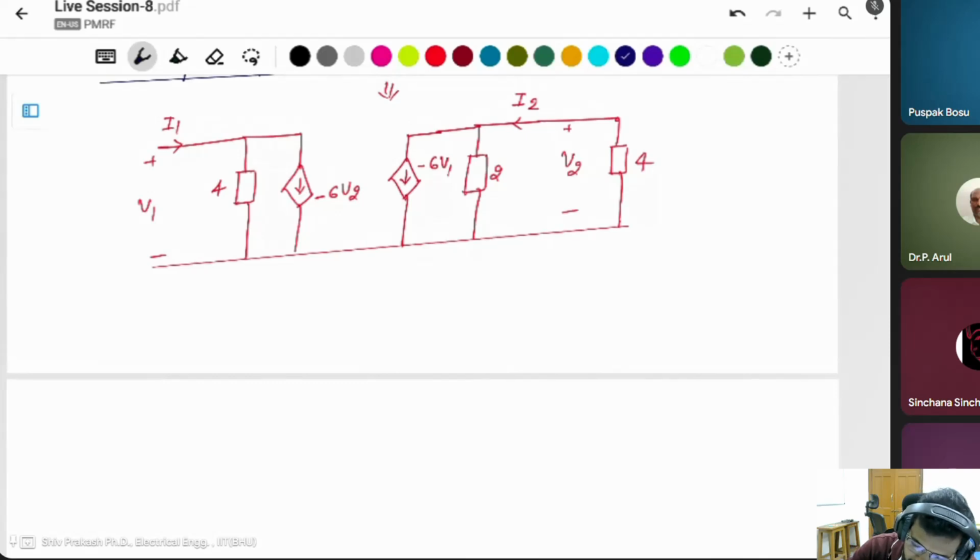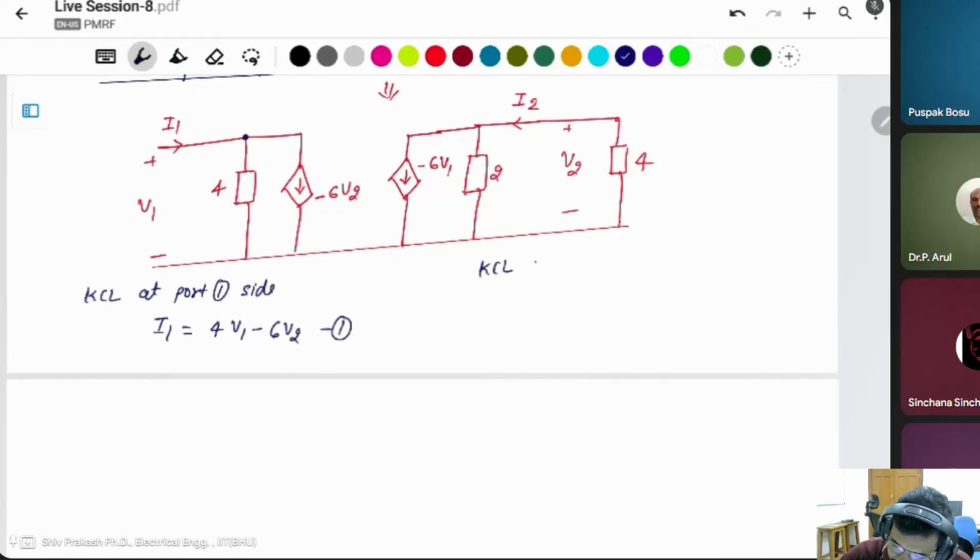Okay, port one side KCL. What is the I1 in this case? Simply the same, 4 V1 minus 6 V2.